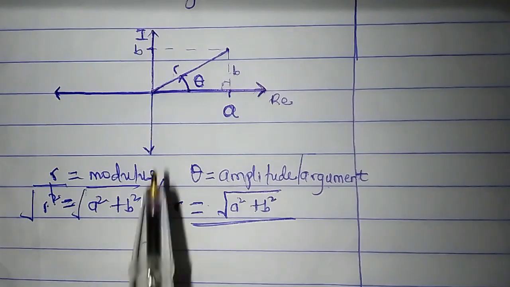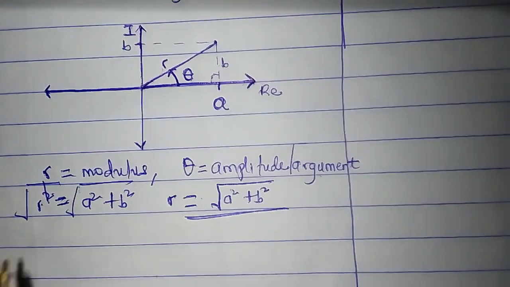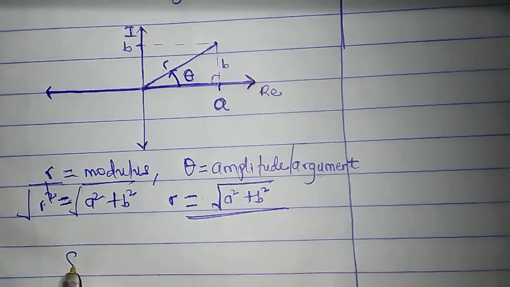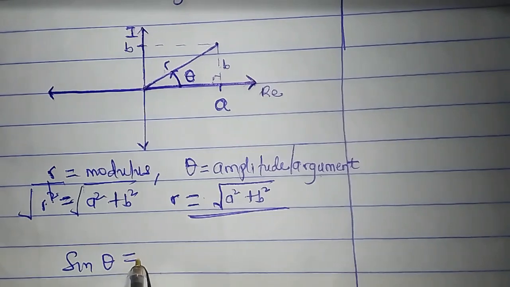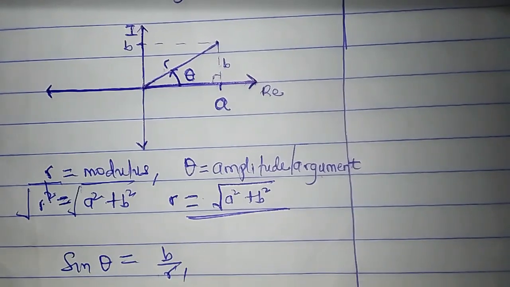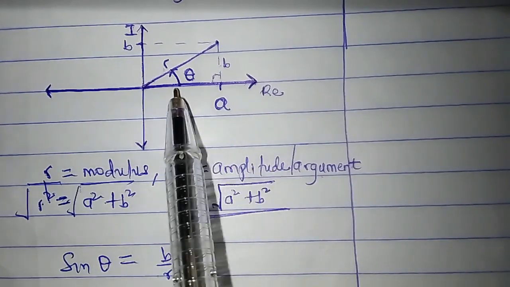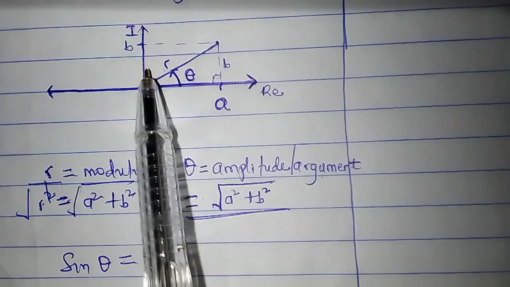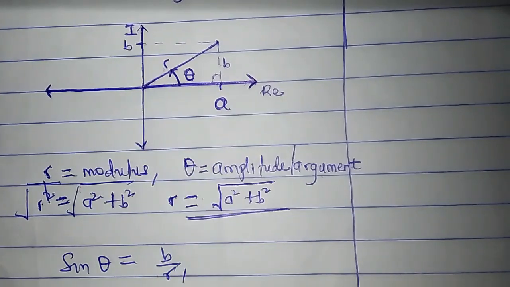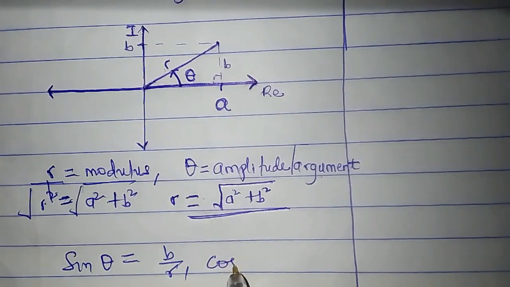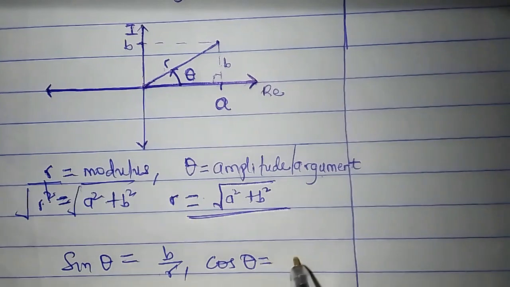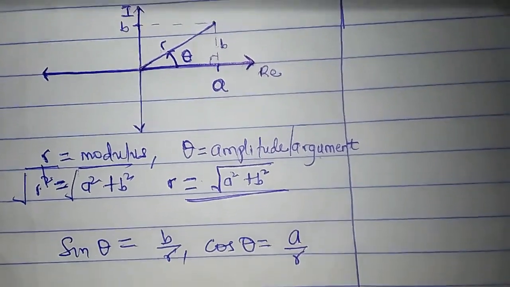Sine theta is opposite over hypotenuse, which is B over r. Sine theta is equal to B over r. Cos theta is adjacent over hypotenuse, which is A over r. Cos theta is equal to A over r.